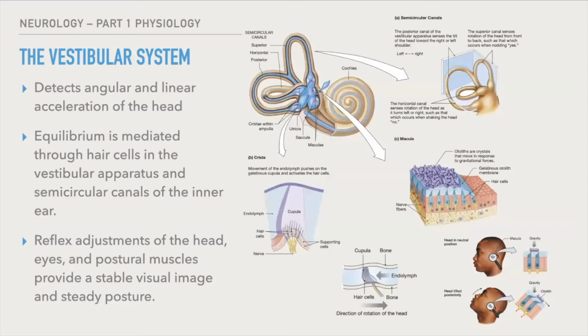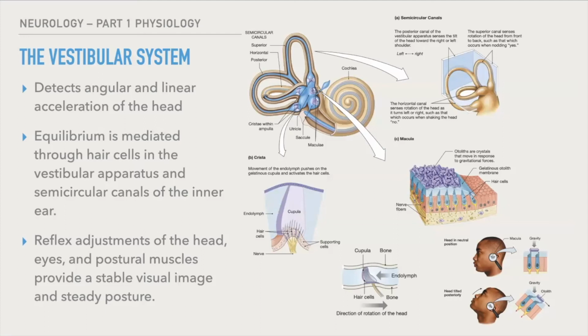The vestibular system is responsible for equilibrium, and it detects angular and linear acceleration of the head. It is responsible for the reflex adjustments of the head, the eyes, and the postural muscles, and these provide a stable visual image and a steady posture.